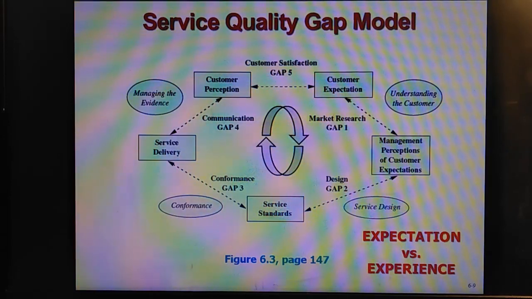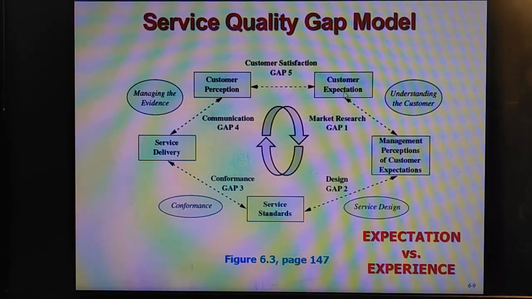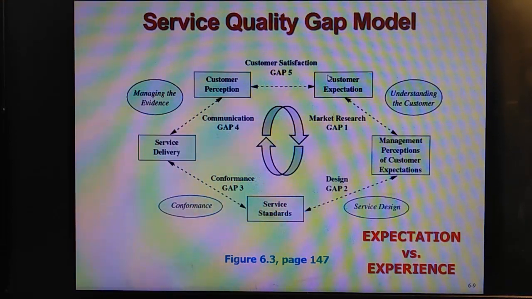The customer expectation is compared to the perception. As I said earlier, if you expect your car service to be done in 2 hours, and you get that kind of experience, then there is no gap between customer expectation and the management perception of customer experience.